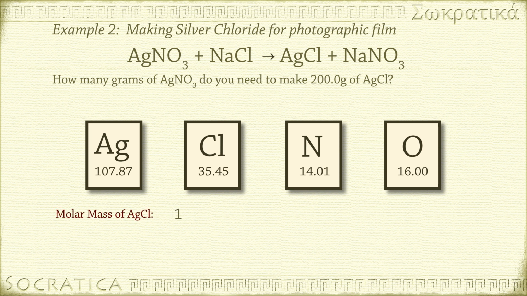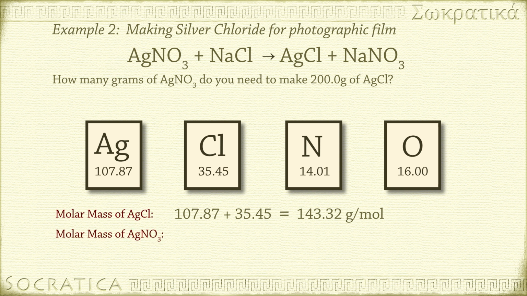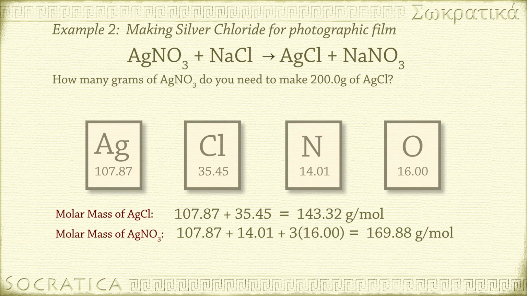AgCl equals 107.87 plus 35.45 equals 143.32 grams per mole. AgNO3 equals 107.87 plus 14.01 plus 3 times 16.00 equals 169.88 grams per mole.